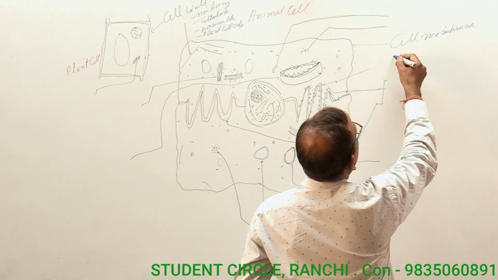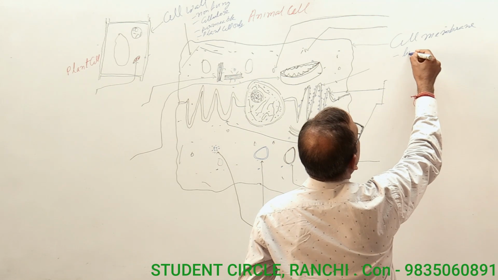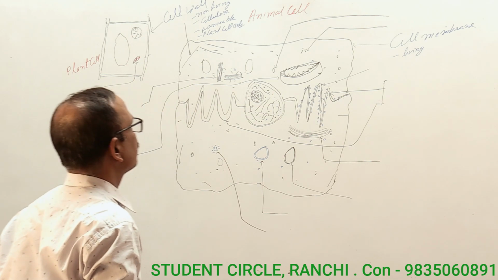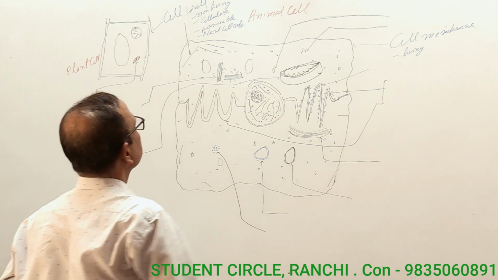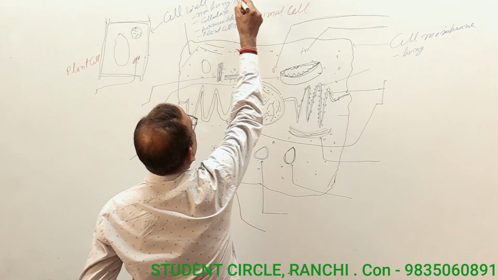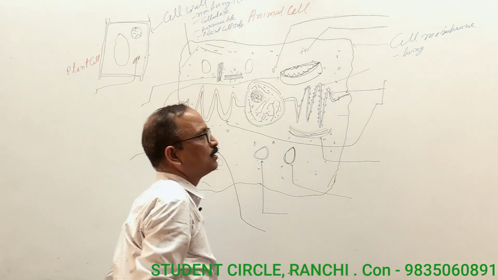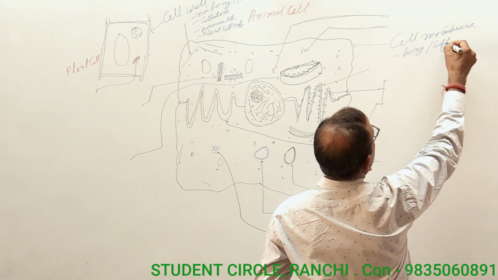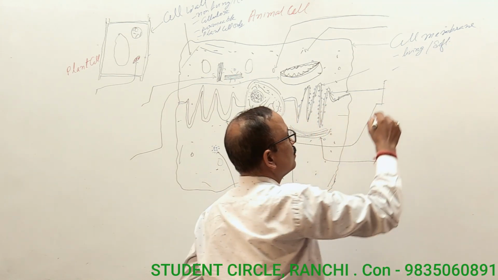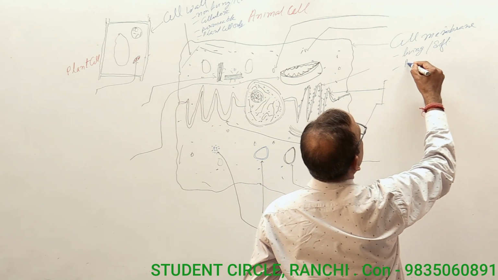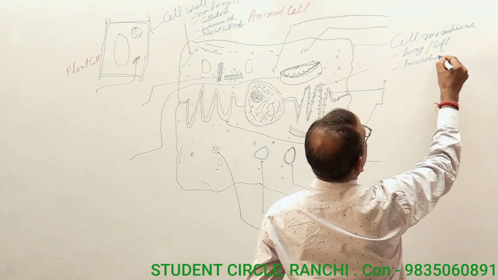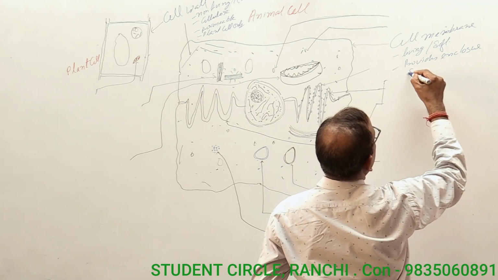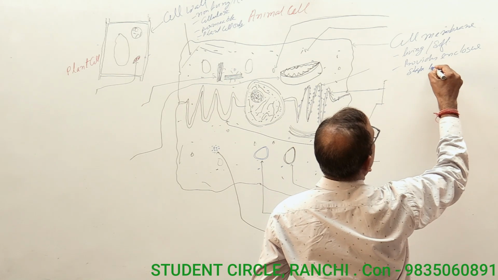Difference between cell wall and cell membrane: cell wall is hard, non-living. Cell membrane is living, soft, provides enclosure and shape to the cell.